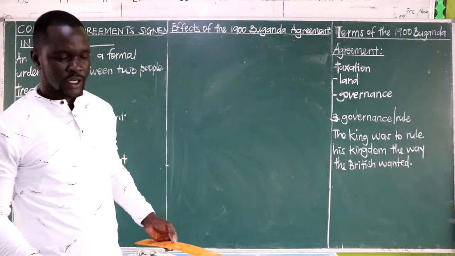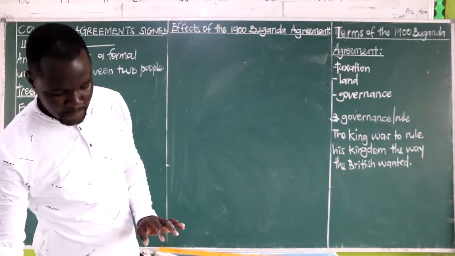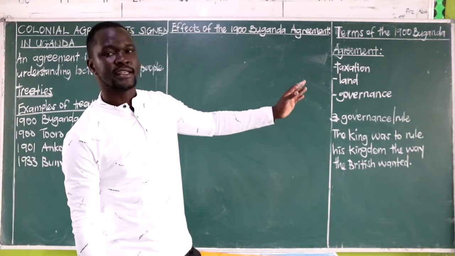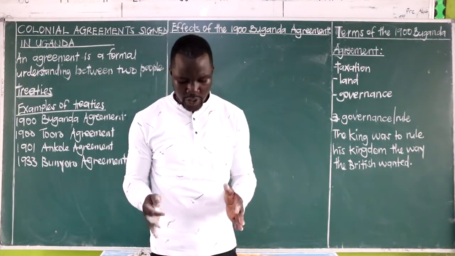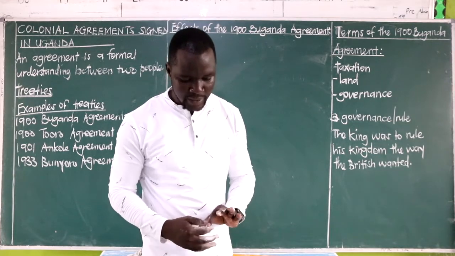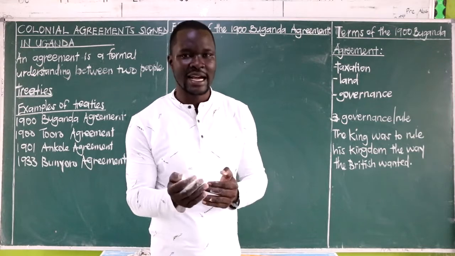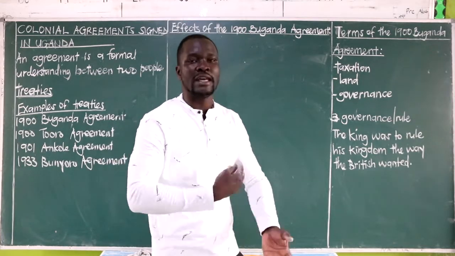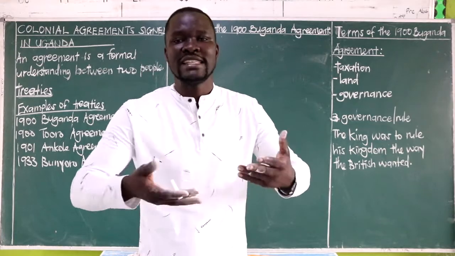I believe you are still remembering that. Now, these effects are picked from the terms. That's why when we go to our page 26, we have the first effect saying that there was the introduction of hat and gun taxes. That was now the outcome. Remember the effects, we are looking at what were the results.